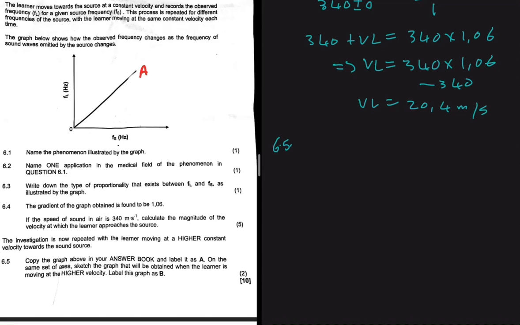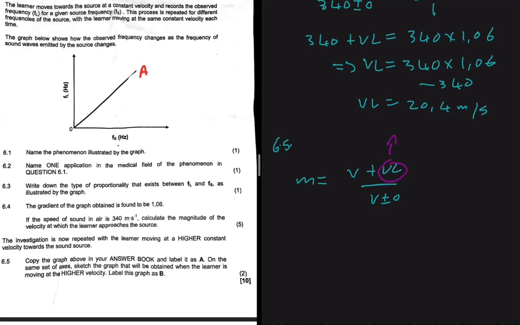So we know that we have the gradient being equal to (V plus VL) divided by (V plus or minus 0), basically, right? This is what the gradient of our graph is. But now the learner is moving at a higher constant velocity, right? So it will be easy to see that if VL goes up, the gradient should also go up, right?